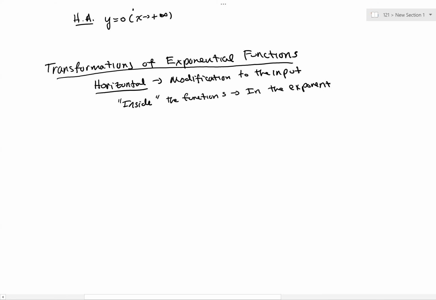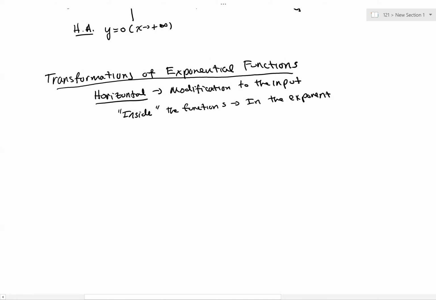So if there's a modification, so if it's not just x as your exponent, if it's 2x or x plus 3 or negative x that is in your exponent, that means that there's a horizontal transformation happening. So for example, the following 3 functions, call them g of x. Let's say we had g of x is equal to 2 to the x plus 1, or g of x is equal to e to the negative x, or g of x is equal to, a different number, 5 to the 2x plus 7.